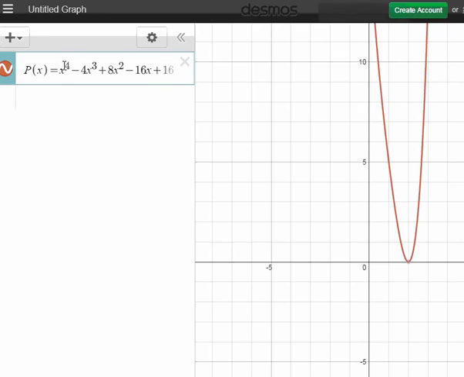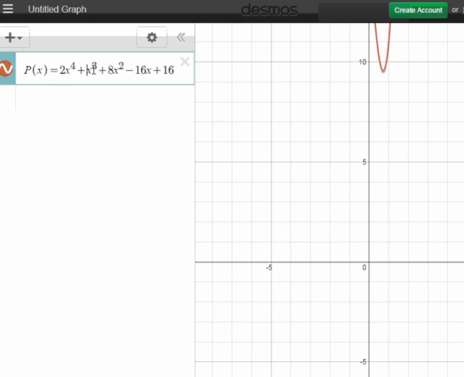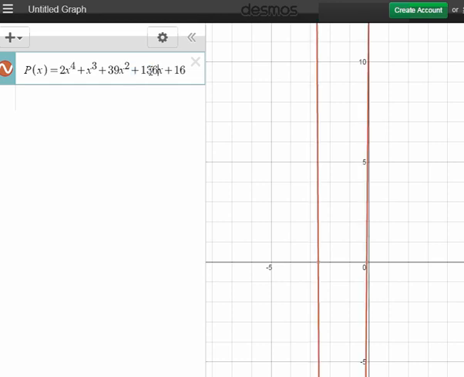So let's see if I can make this one a little faster by just changing my numbers. 2x to the 4th, plus x cubed plus 39x squared plus 136x minus 78.